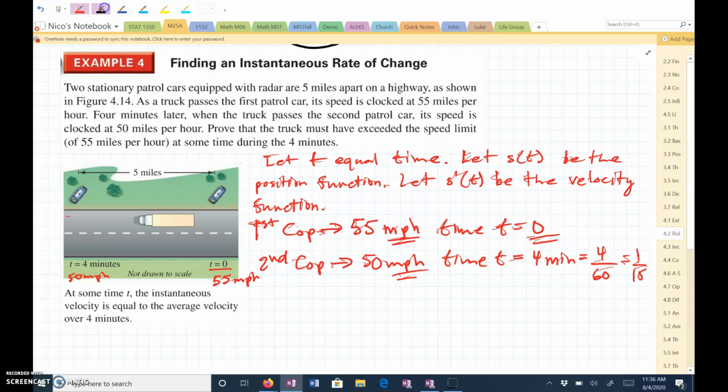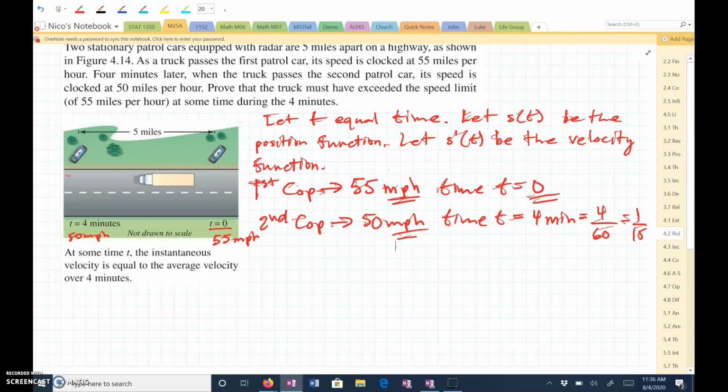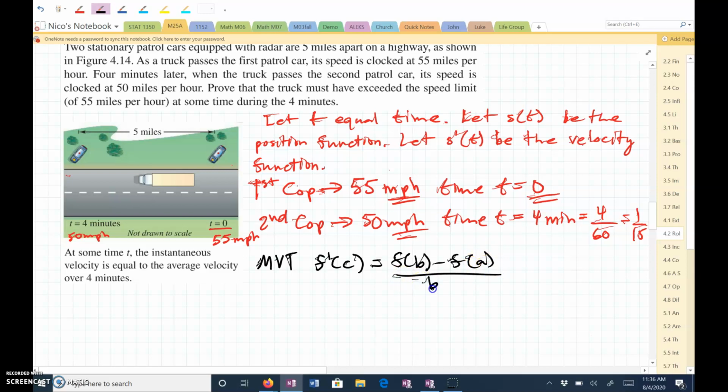Now, we're going to look at the mean value theorem, which states f prime of c equals f of b minus f of a, all over b minus a. That should equal each other. Okay?